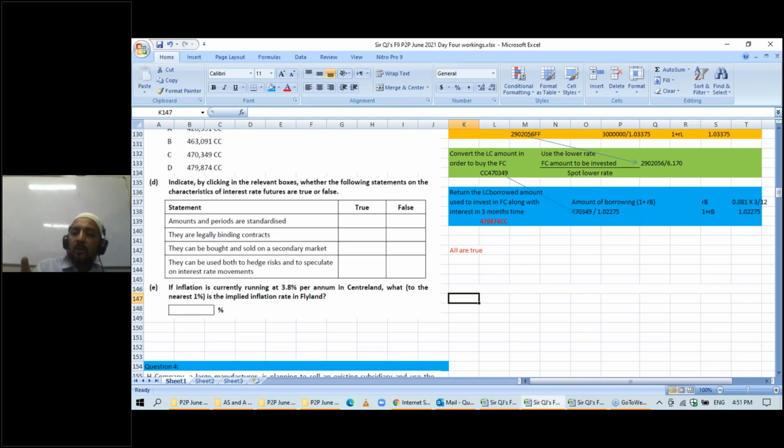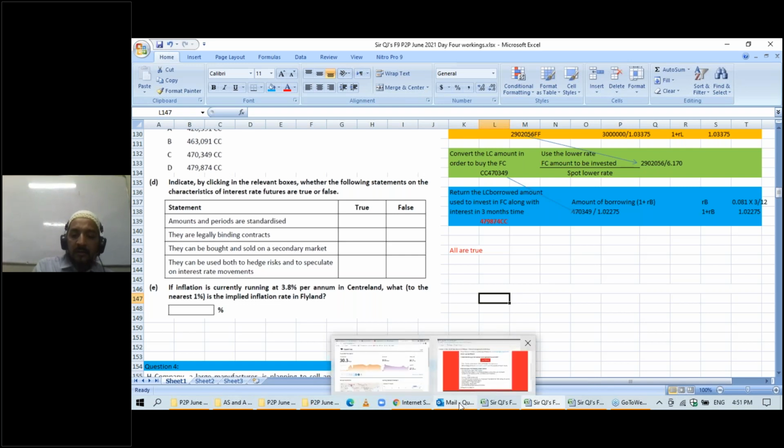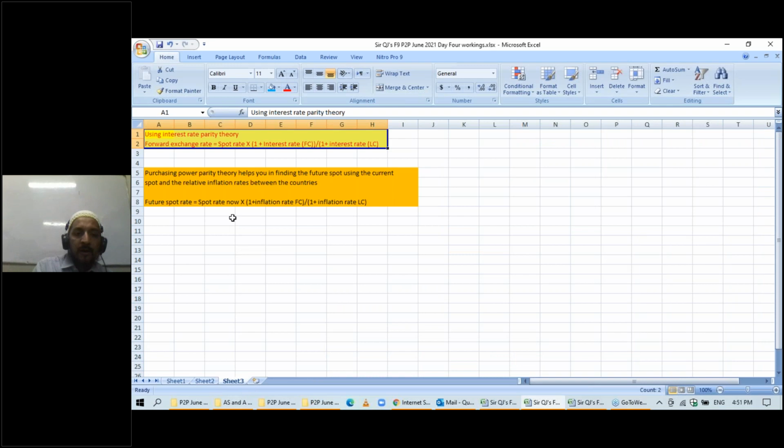Interest rate parity theorem involves the interest rate. Over here, it is the inflation rate. So let me show you the formula for this purchasing power parity theorem.